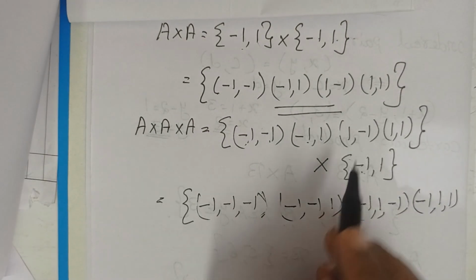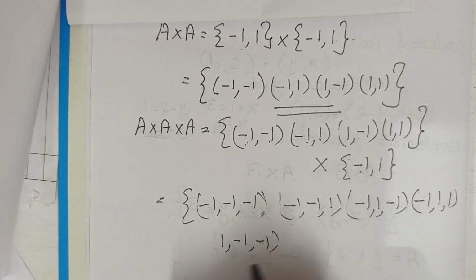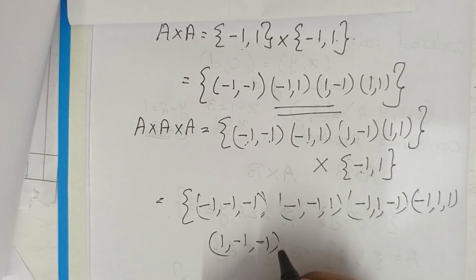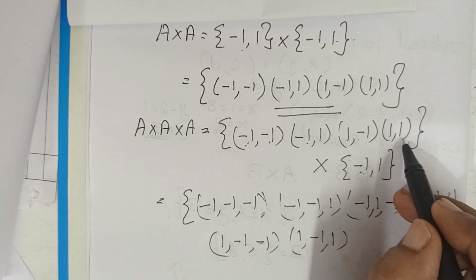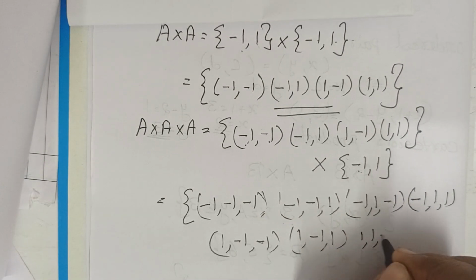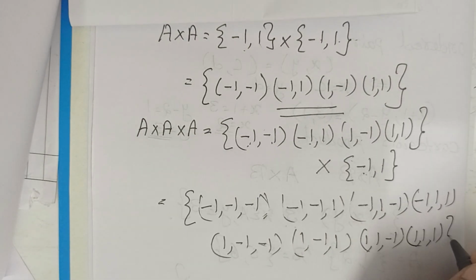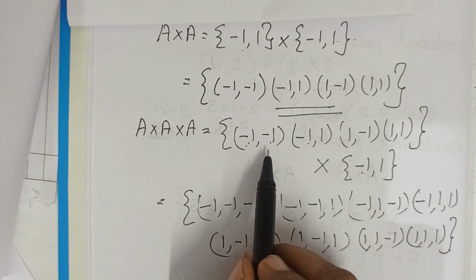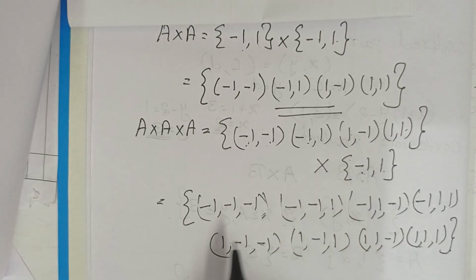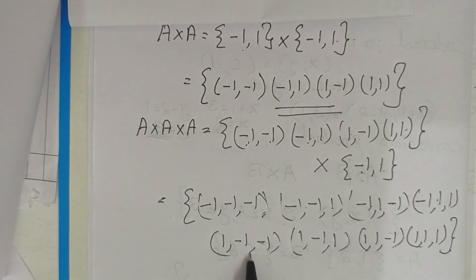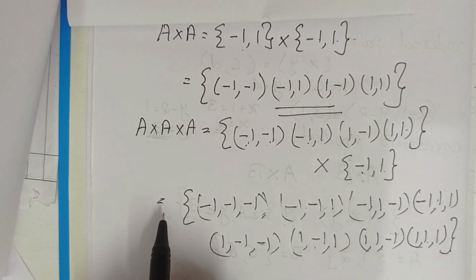Is it clear? Then taking the third element, 1, minus 1, minus 1, 1, minus 1, 1. Then taking the fourth one, 1, 1, minus 1, 1, 1, 1. Isn't it? You know that here how many elements? 1, 2, 3, 4 elements and here 2 elements. 4 twos are 8. 1, 2, 3, 4, 5, 6, 7, 8 members are in A cross A cross A.